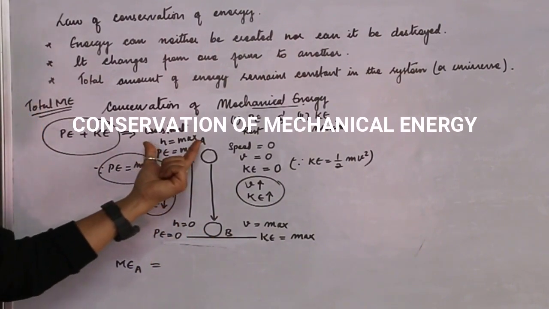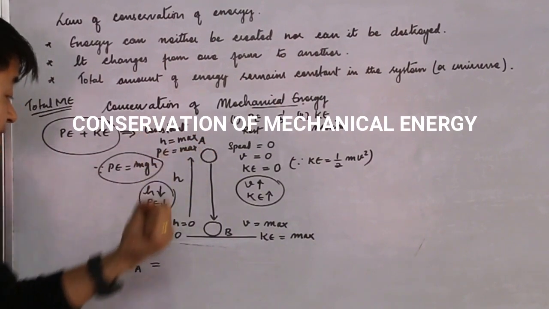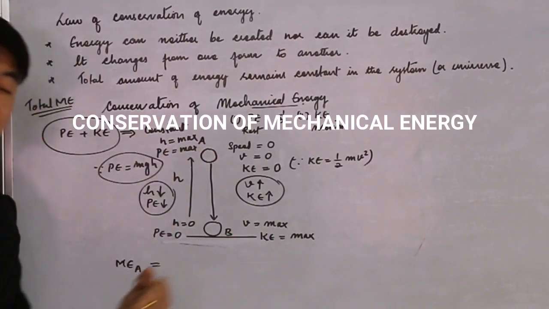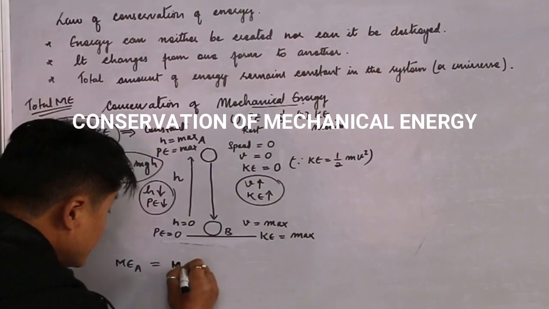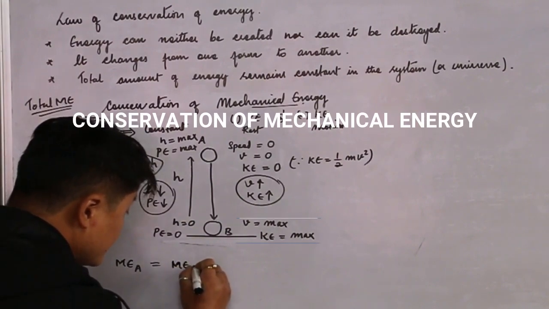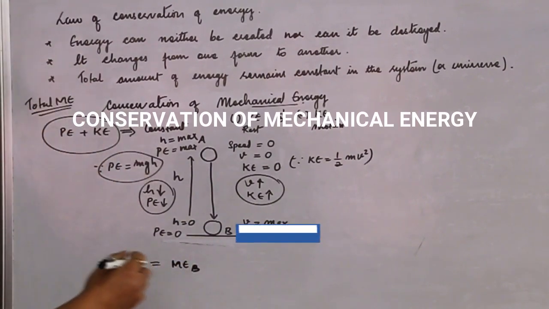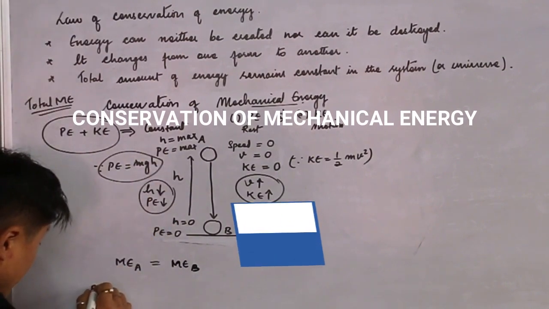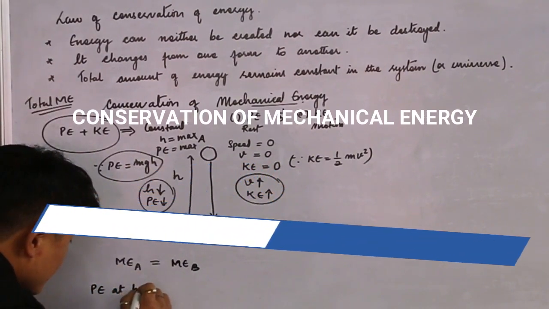So that means total mechanical energy at A is equal to the mechanical energy at B.